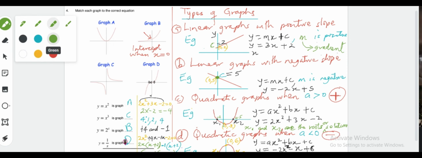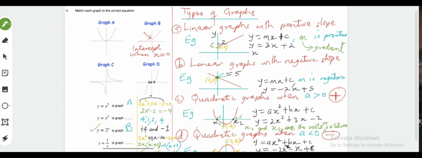I think I just need to swap D and C. I can mark A for you too, because A is quadratic. Yeah, y equal to x raised to the power 3 is actually D. I said I was going to swap it and then I just wrote the same thing.